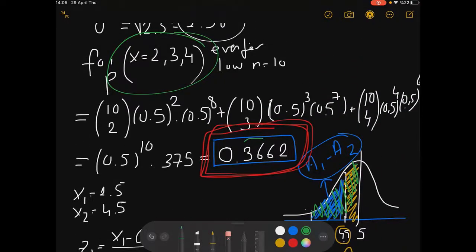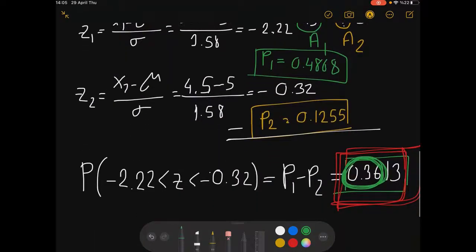Is it luck? No. As you see how useful it is, the calculation with the second method is much easier than the first one. I hope you agree with me that the second one is much more convenient to calculate.